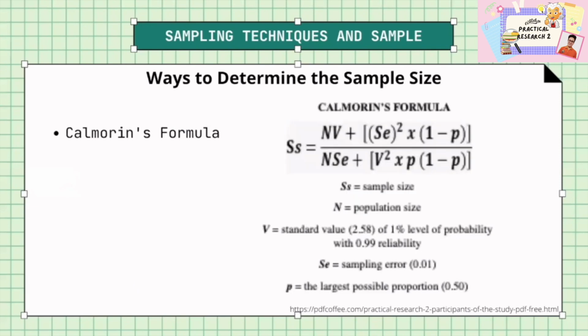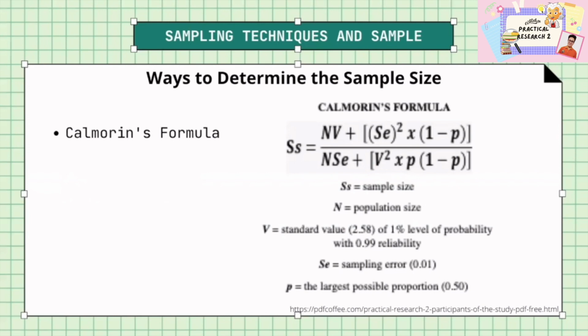Another way to determine the sample size is by using Kalmarin's formula. So there is the formula: SS for sample size, N for population size, B the standard value 2.58 at the 1% level of probability with 0.99 reliability, SE for sampling error, and P for the largest possible proportion.